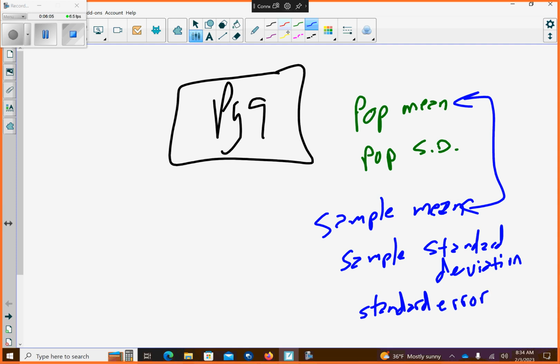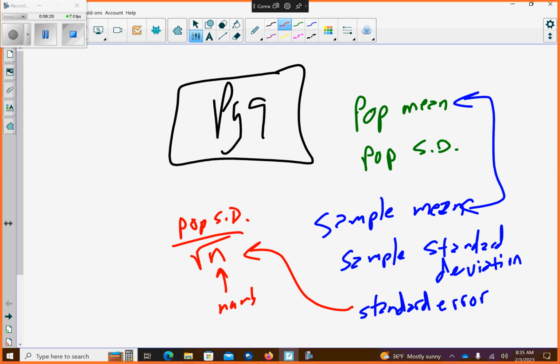So we talked about this, and the standard error basically comes out to being the population standard deviation divided by the square root of the number of things, number of people, number of items, okay, of our test.